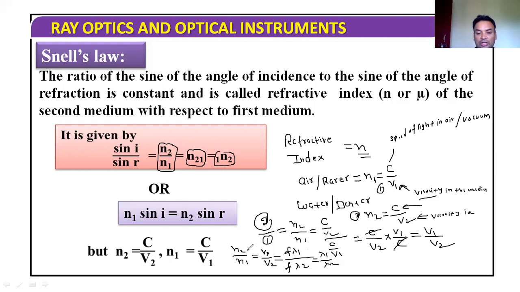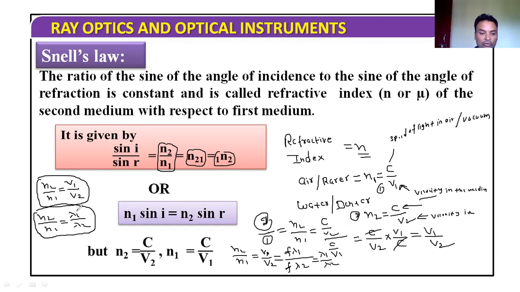So what is n2 upon n1? It can be written as v1 upon v2. ये फार्मूला भी यूज कर सकते हैं, v1 upon v2. और सेकंड फार्मूला है n2 upon n1 is equal to lambda 1 upon lambda 2, wavelength in the air divided by wavelength in the water.